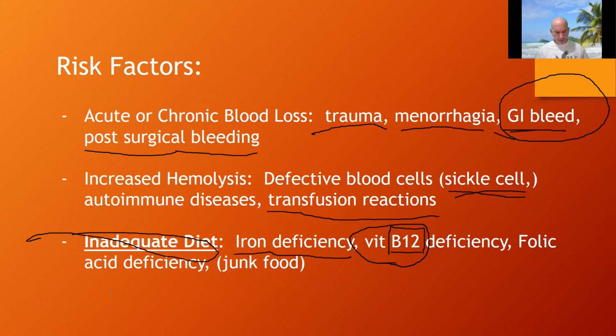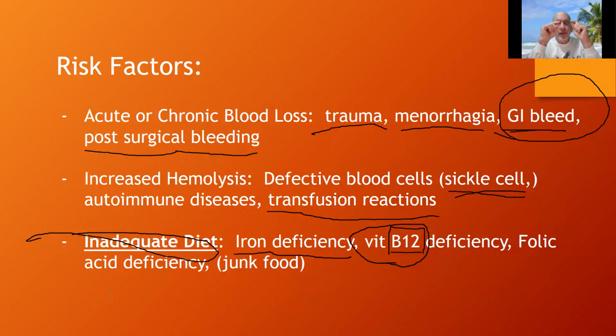Okay, I see the microcytic. They're using the example of iron deficiency anemia and thalassemia for microcytic. But the characteristic of thalassemia is that the red blood cell is too small.